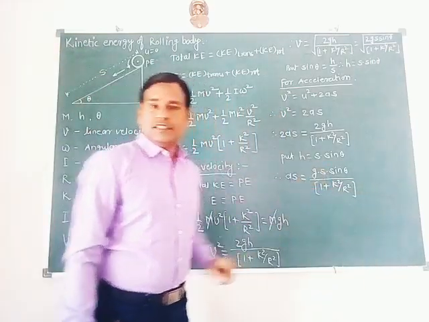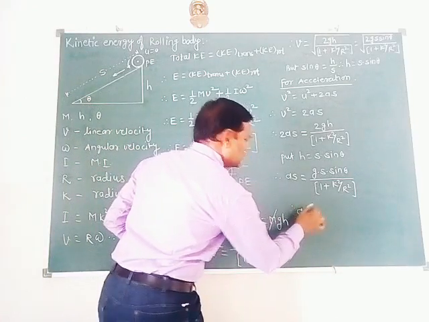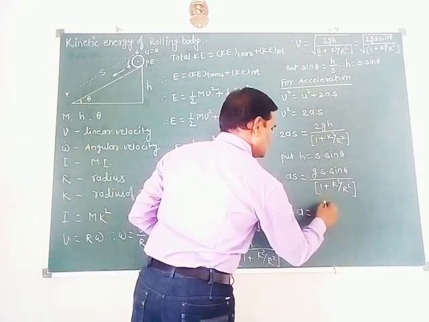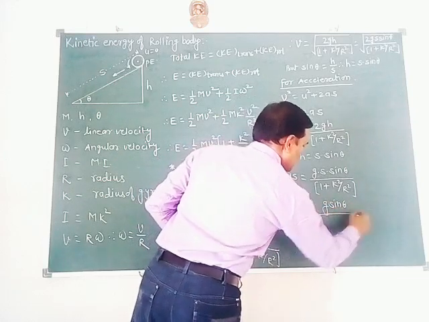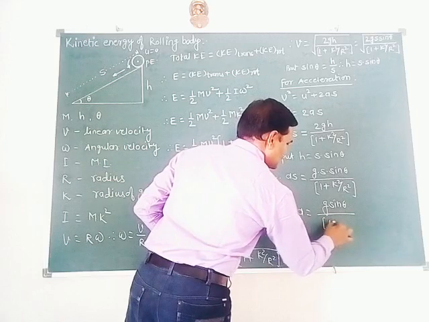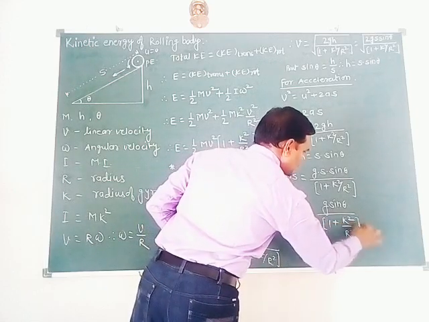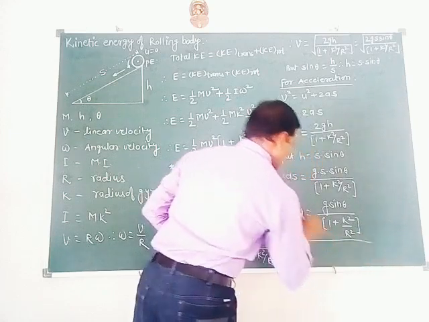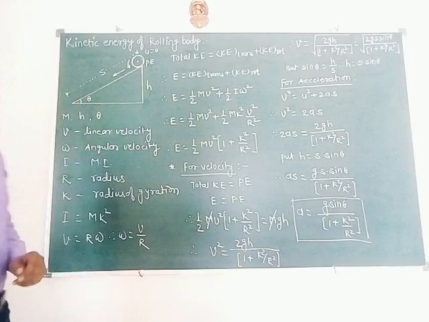Again this s gets cancelled and acceleration can be written as, finally, acceleration equal to g into sine of theta divided by 1 plus k square by r square. So this is the important relation for acceleration of the object.